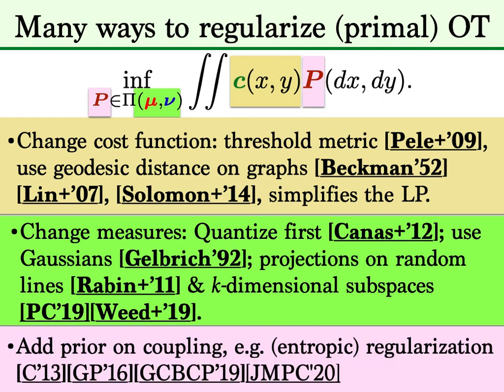And finally, and this is what I'm going to present in the last minutes of this lecture, and which has generated quite a lot of applications, you could add a prior on the coupling itself. That is, require something more from the coupling, not just ask that it conserves the mass and it is non-negative.